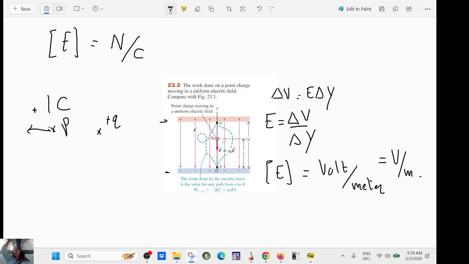Now, if you hold the charge in your hand and you say, okay, not so fast, you try to slow it down. In that case, you are doing negative work because you are slowing it down. So the goal of the electric field is to lower the potential energy.